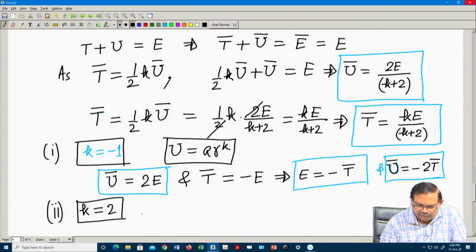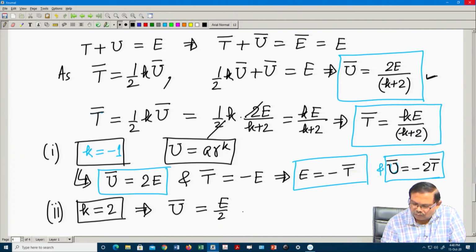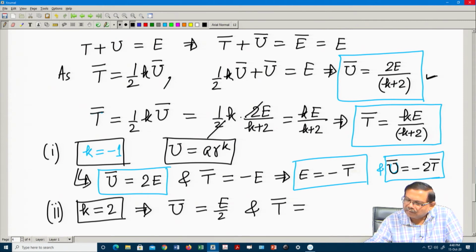If we take k equal to 2, then the time average value of u is 2 upon 4, so that is E by 2. And the time average value of kinetic energy, again 2 by 4, is also E by 2.